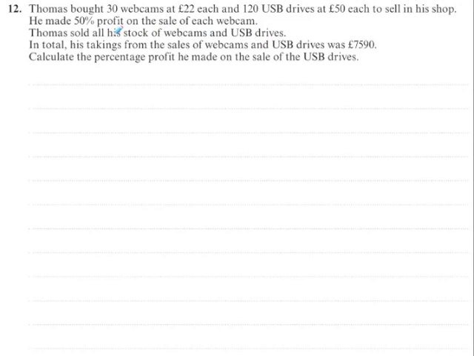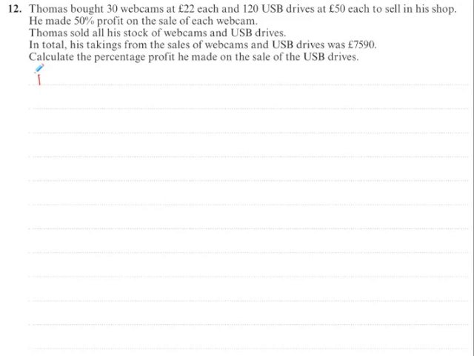how much he sold all the webcams for. And to do that, we need to work out the profit made on a webcam, and then add that back to the cost value to actually give the selling price.